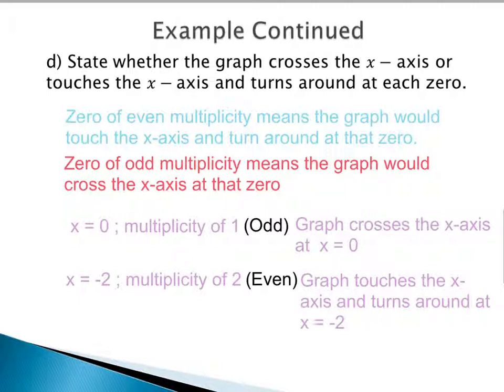Between -4 and 1, we actually found 2 real zeros, x equals 0 and x equals -2. The graph changing from positive to negative or negative to positive shows there was at least one real zero between -4 and 1. So again, knowing the multiplicity and how it relates to the graph will help you when you're graphing the full polynomial function.